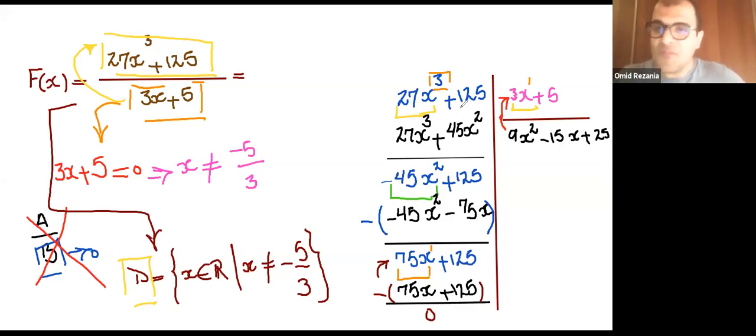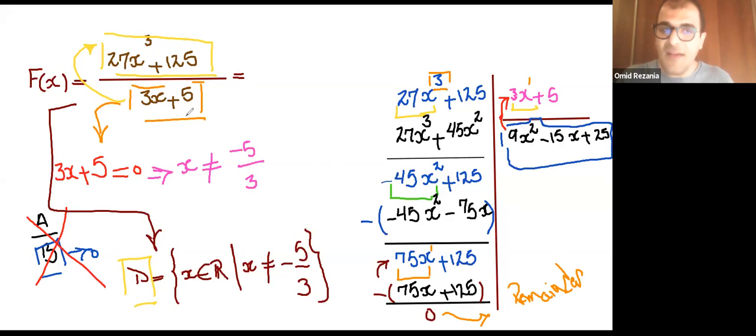Now, what's going to happen now? You see that when we reach a remainder which is 0, we can make an inference that 3x plus 5 is a complete factor of our numerator.